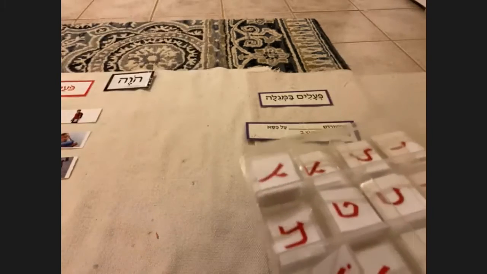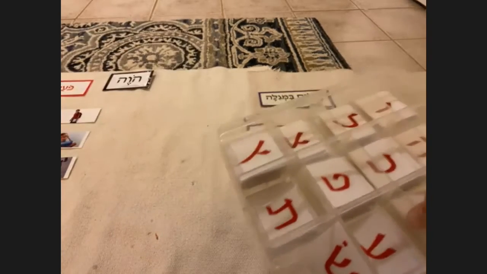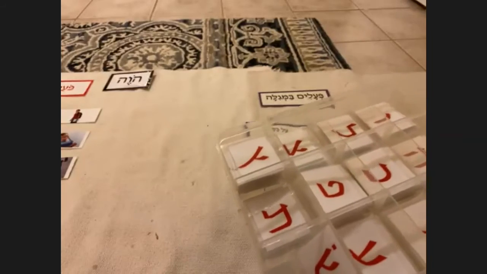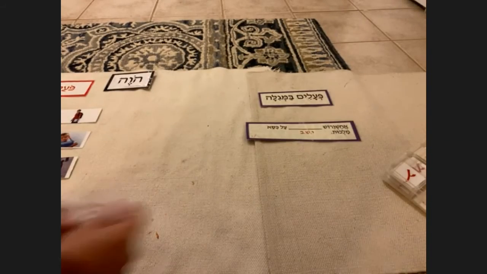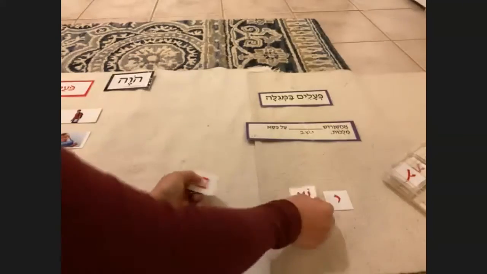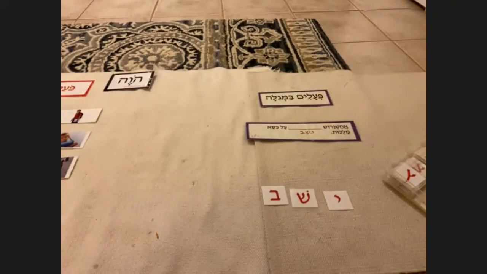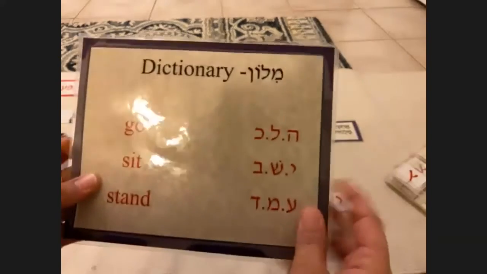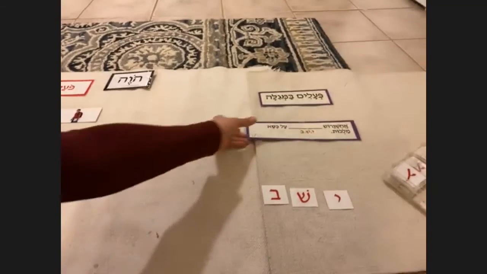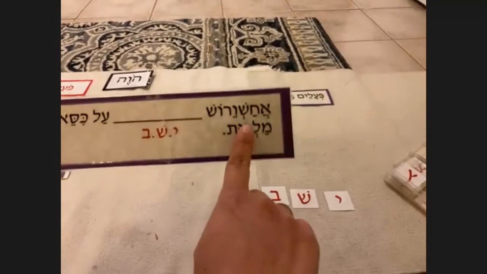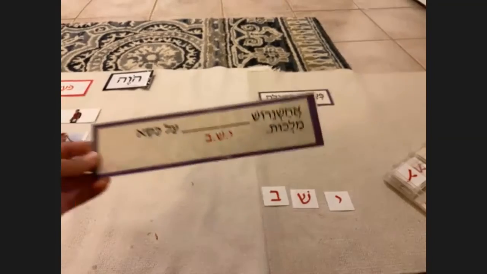You can take out the yud, the shin, and the vet. And the students can then look in the milon, in the dictionary. Say, oh, yud shin bet. That means sit.